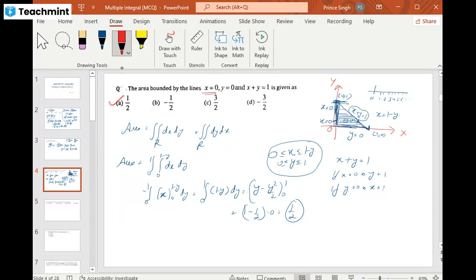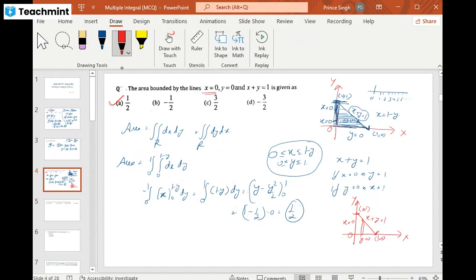Okay. So the another way is, because this is a triangular region, this is the x-axis, this is the y-axis, and this is the region. x equal to 0 is a line, y equal to 0 is a line, and x plus y equal to 1. So in this case, instead of firstly moving horizontally, if we move vertically, this is the point 0 comma 1, and this is the point 1 comma 0.